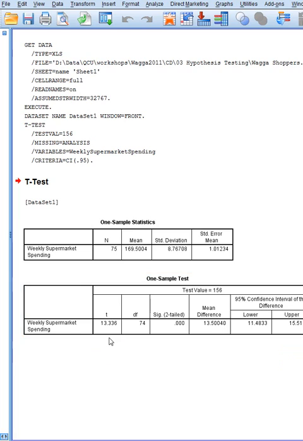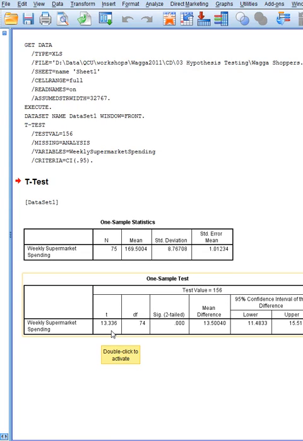Okay, so let's start at the beginning. The t-value is like a z-value, and if we have a normal distribution, which we've already established for this data, then the likelihood of having something more than 3 standard deviations away from the mean is going to be highly unlikely. This t-value is telling us that our sample mean is 13.3 standard deviations above the hypothesized value.